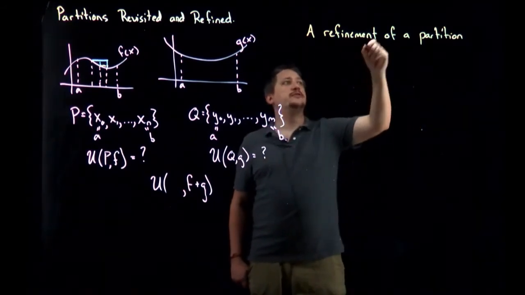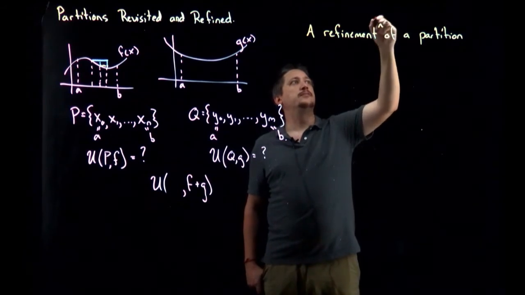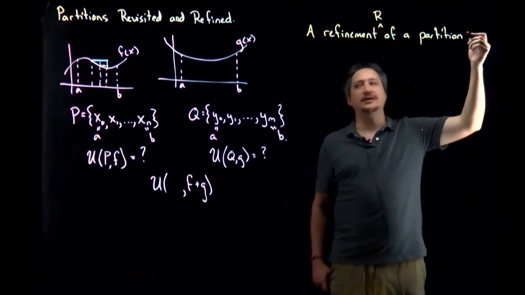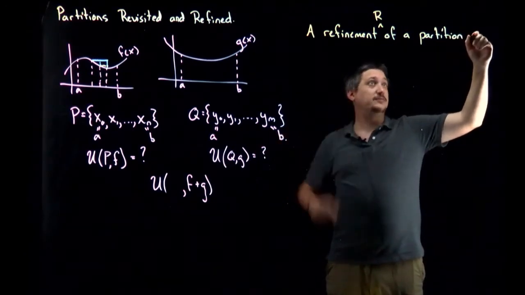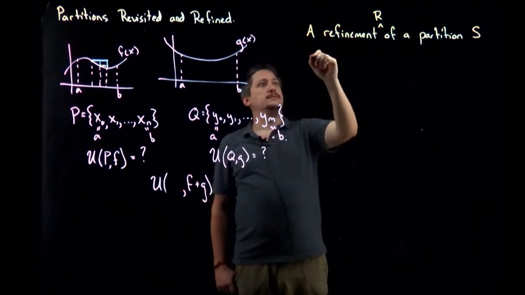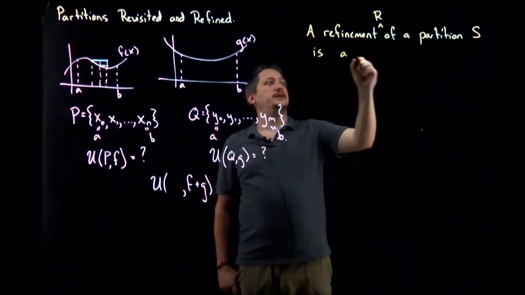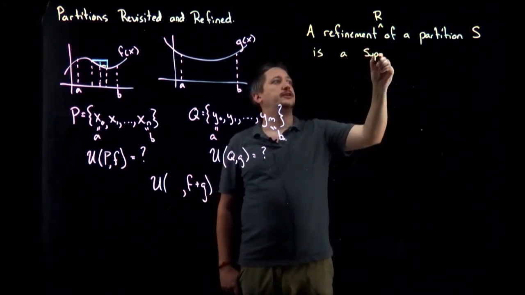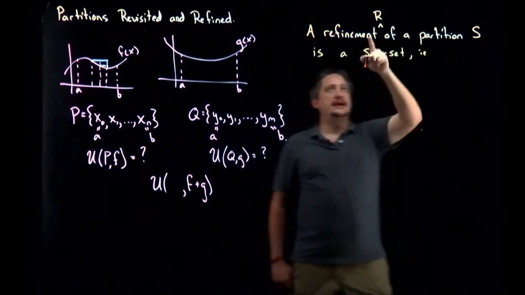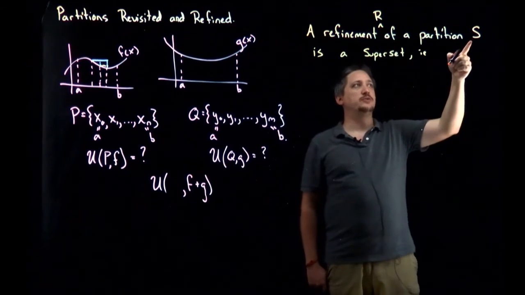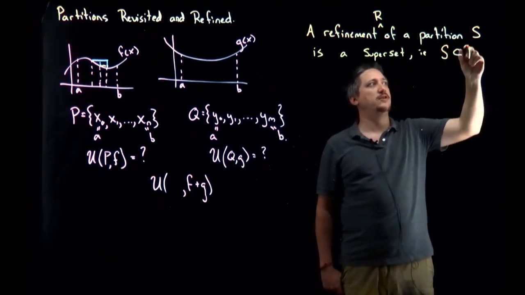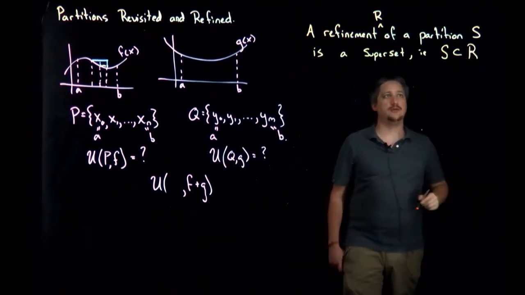If I called a refinement, let's say R, of a partition, let's say a partition S, is a superset, i.e., if I have a refinement R of some original partition S, that means that S is a subset of R. Okay?